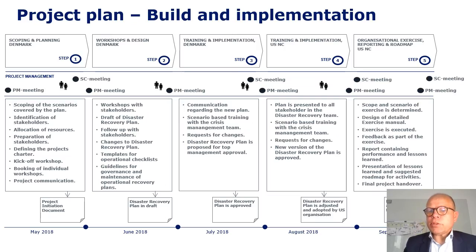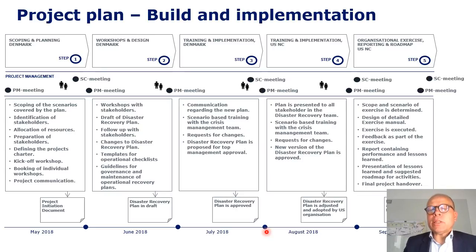This is what the project plan looks like right now. There's a lot of details here. I won't go through them. Basically, what's important for you here is probably the timeline. So before August, or in the beginning of August, we'll have a draft of the plan in its complete form.